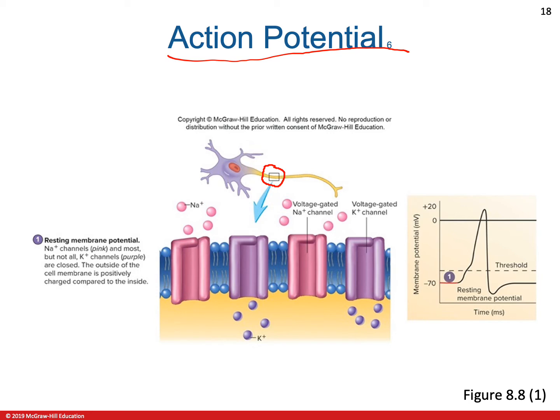The sodium channel, which is the color pink, and the gated channels of sodium and potassium are distributed along the membrane of your nerve. The outside of the cellular membrane, of course, is positively charged, and the negative is inside. Again, it's being controlled by your sodium and potassium gated channels.